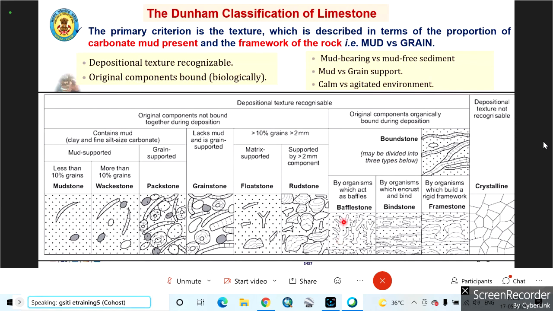When there is a parallel kind of structure, that will be termed as a bindstone. When there is a rigid framework developed, that will be termed as a framestone. When we are unable to define the depositional texture, that will be termed as crystalline.